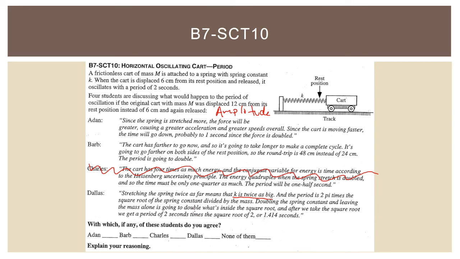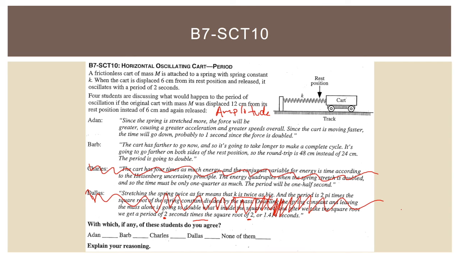And also, they say you're going to double what's inside the square root, and so you're going to have 2 seconds for the period times the square root of 2, and the square root of 2 is 1.414. And so 2 times 1.414 is going to be like 2.8 something. And so not only is the concept wrong, because the spring constant is, you guessed it, constant, but the math is also terrible.